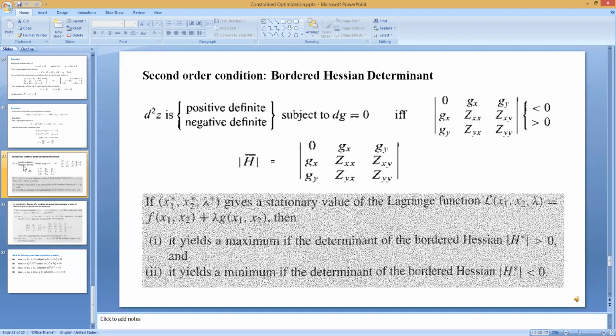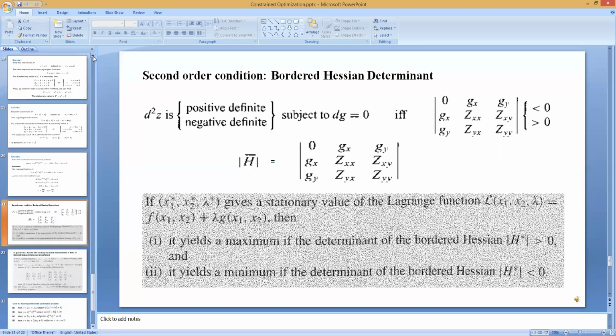What was it? f2 greater than 0, and the expression f11 f2 square minus 2 f1 f2 f12 plus f22 f1 square is greater than 0.